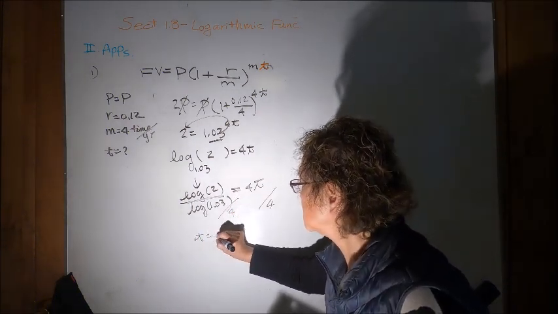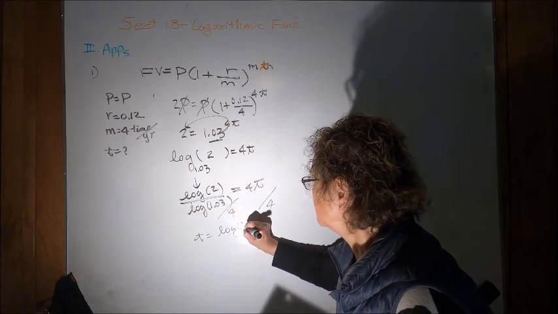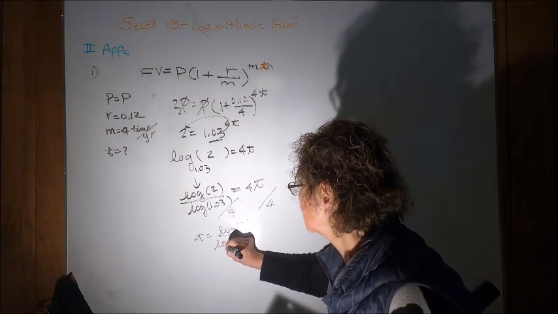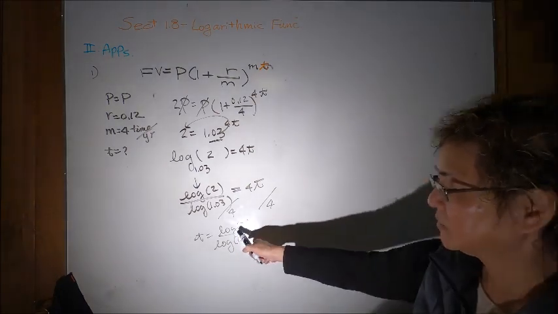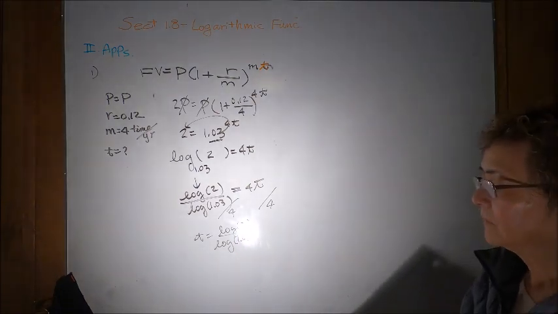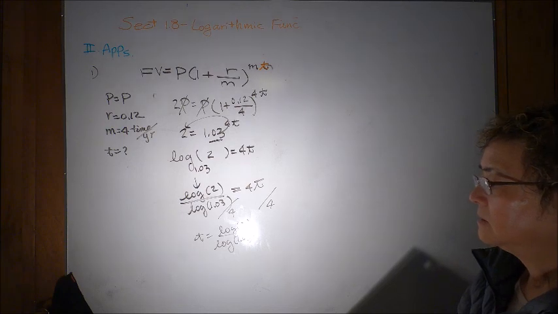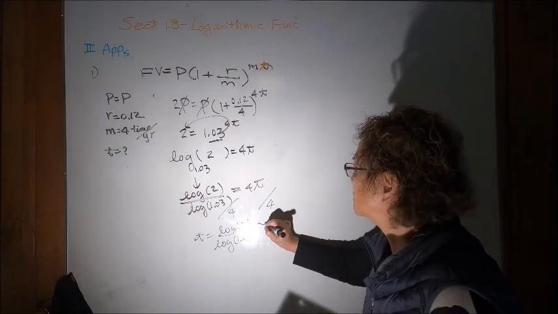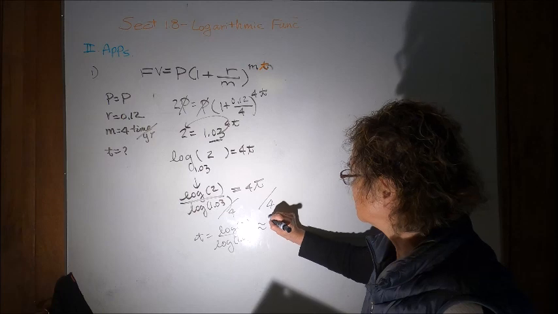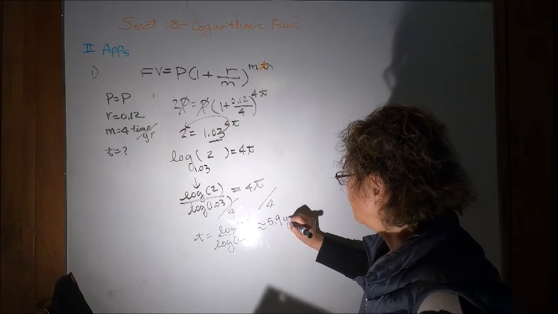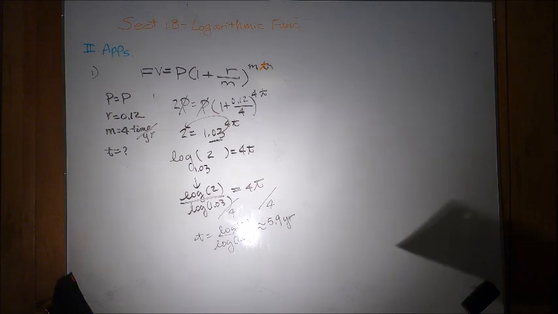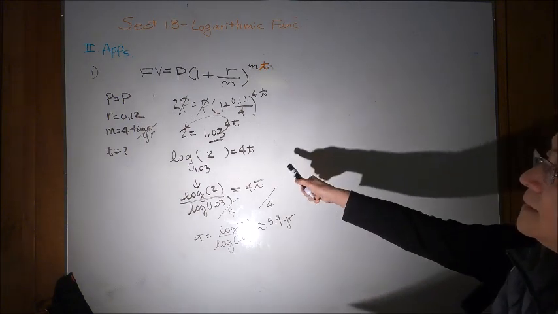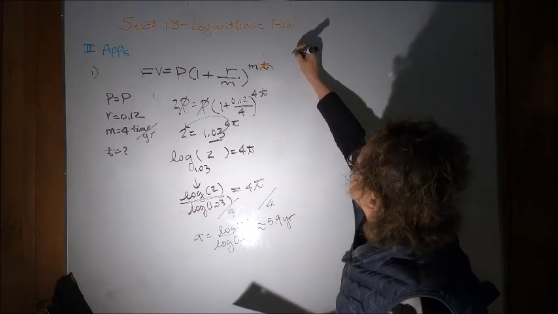So your T is log 2 over log 1.03, divided by 4. Make sure you do that. So you can do your homework, all that. So it's about 5.9 years. So this one is compounded quarterly.